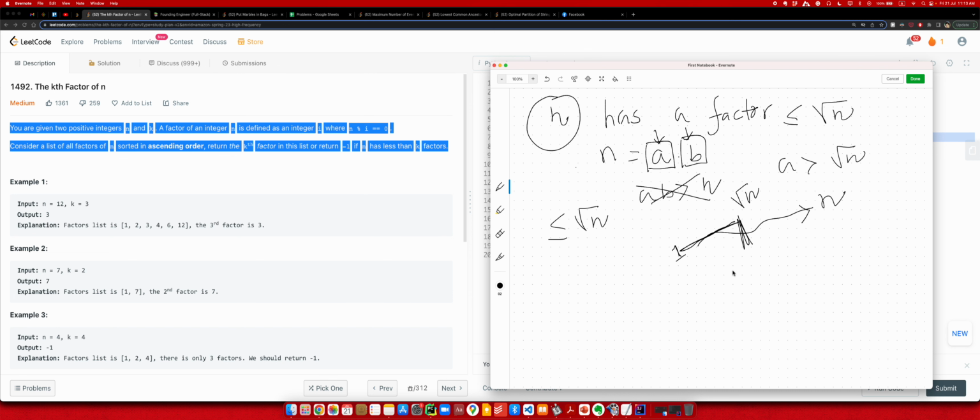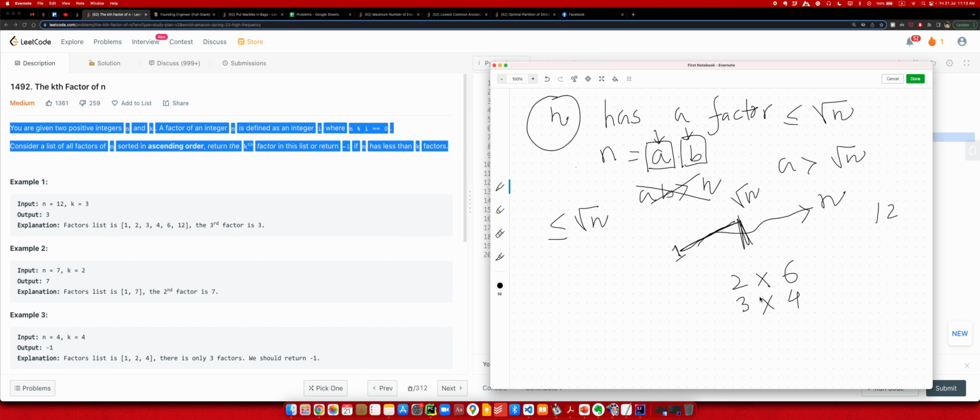So if we find a factor, let's say for 12 we get 2. 2 is a factor of 12, and we'll find its pair also. What's the pair? That's 6. Then after 2 we'll find 3. For 3 we'll find 4 as the pair.